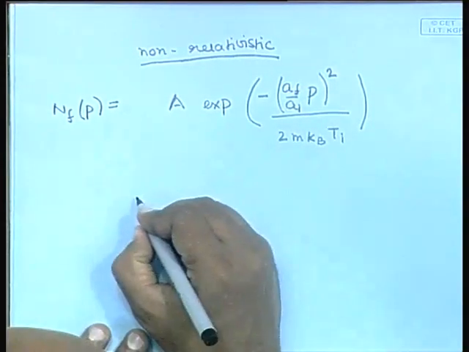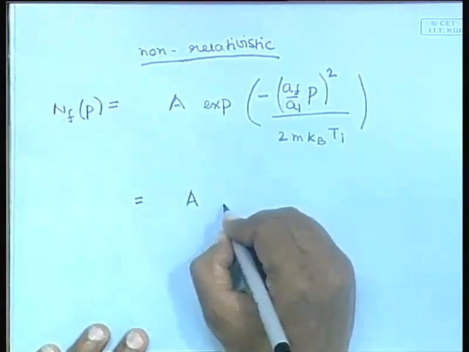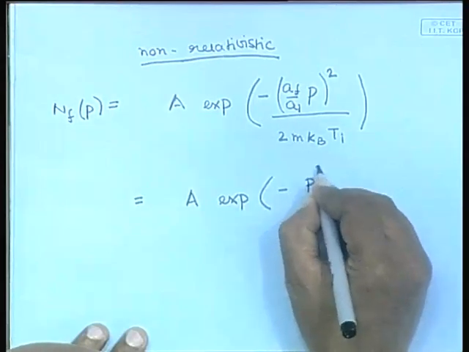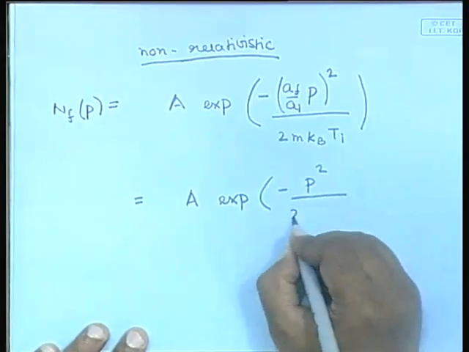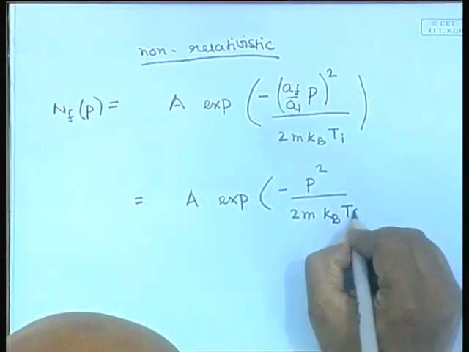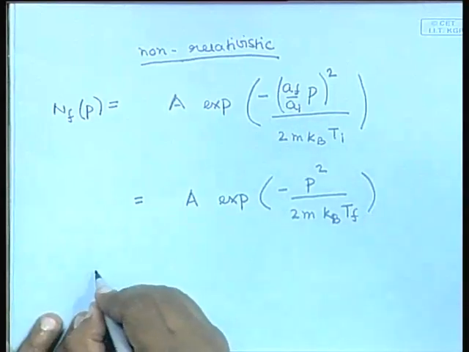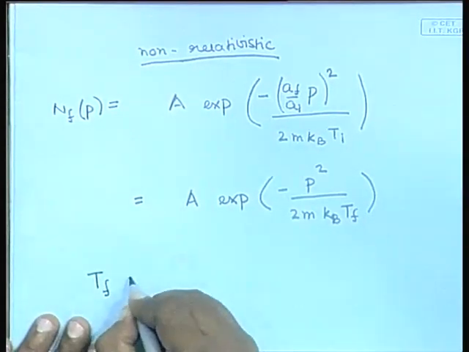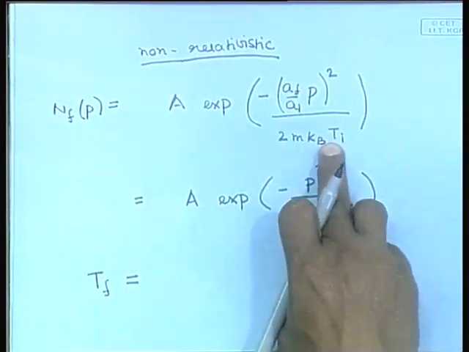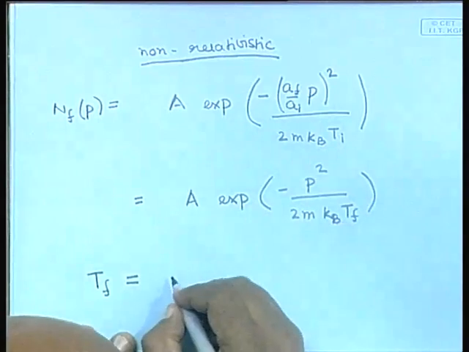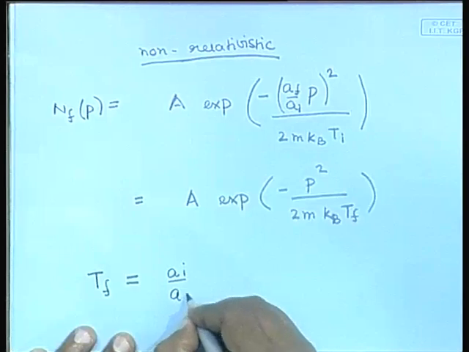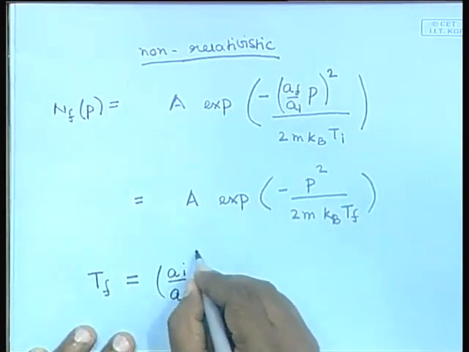Now, we can write this again as A exponential of minus p squared by 2m kB T_f, where the final temperature, if you want to relate it to the initial temperature, will be A_i, the initial scale factor, divided by the final scale factor, squared.